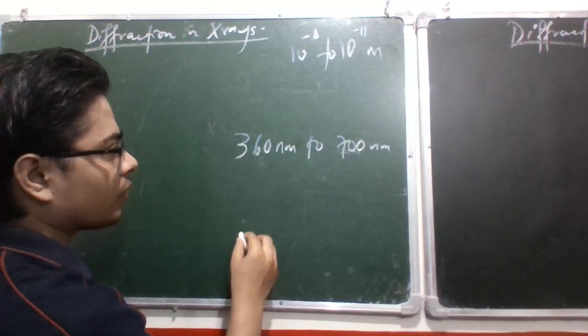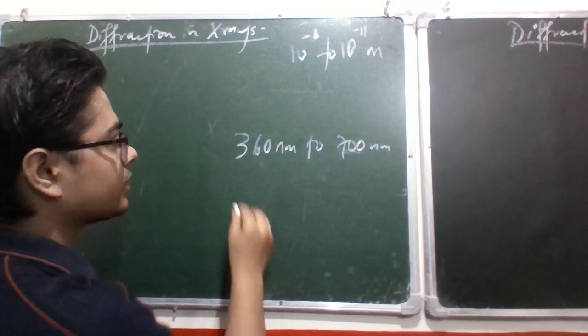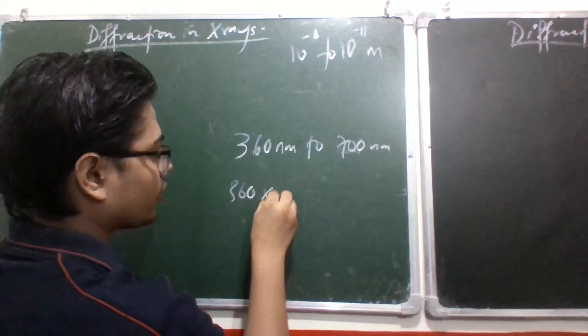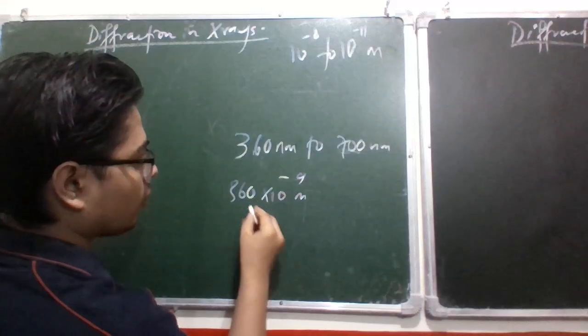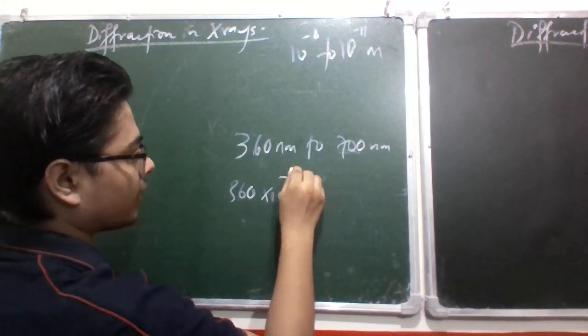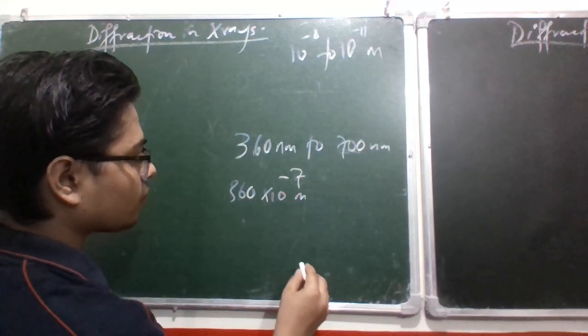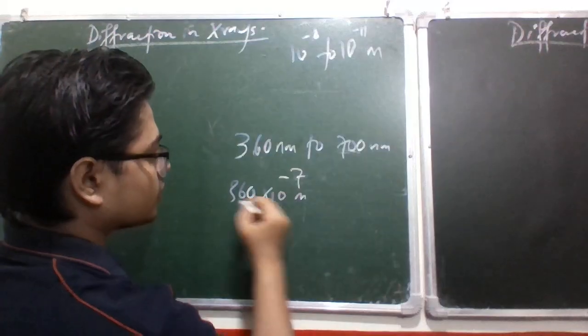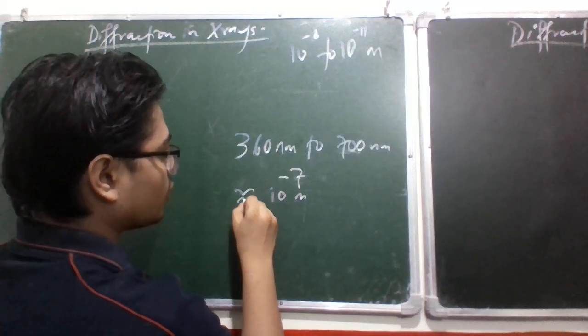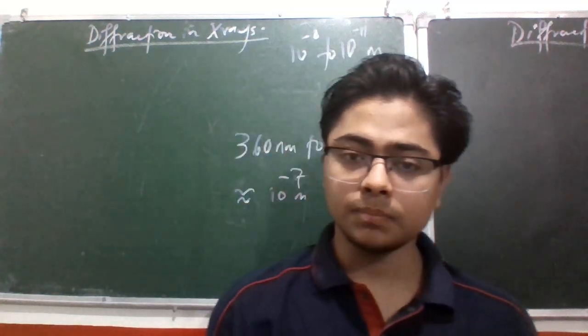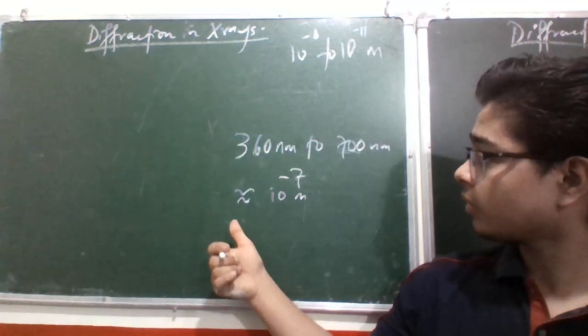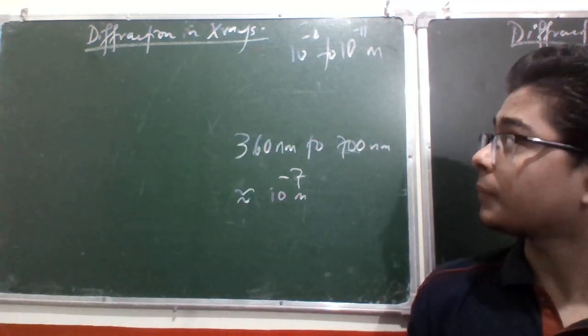Nanometer means 10 to the power minus 9 meter, so it has a range of 10 to the power minus 7 meter. Visible light has a wavelength of 10 to the power minus 7 meter.